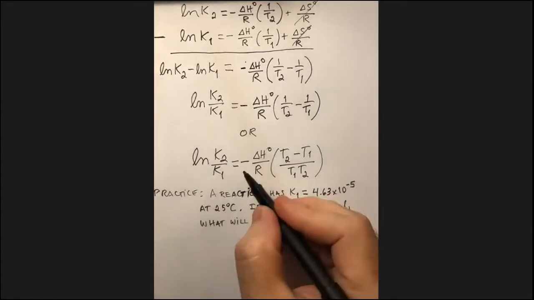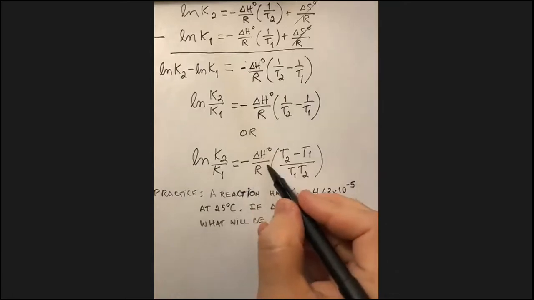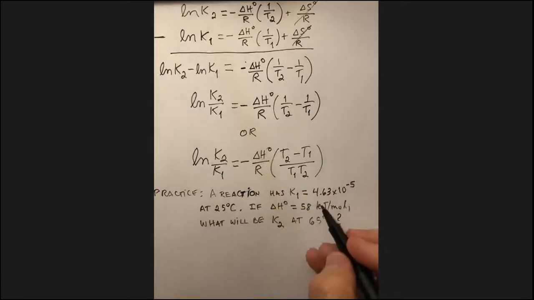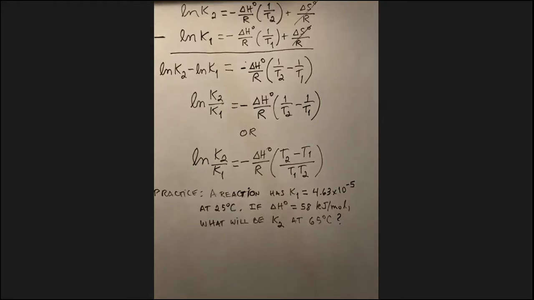So let's use this expression we just had here. Just before we go on, we usually expect temperature to cause a reaction to be favored, right? It increases the forward rate.